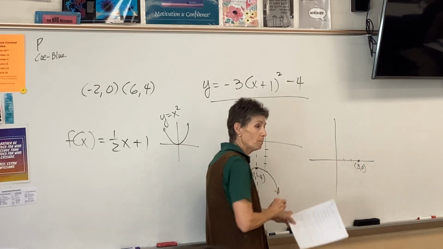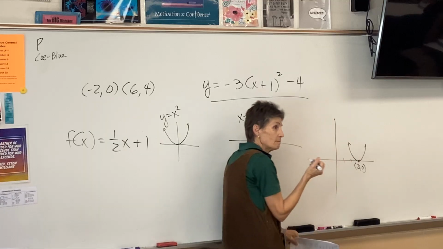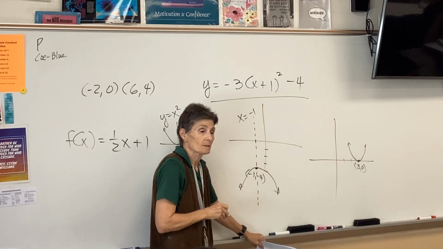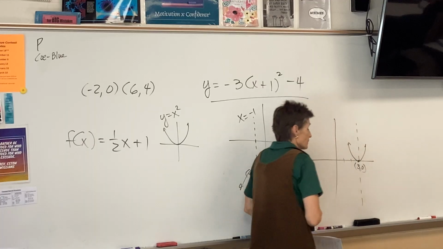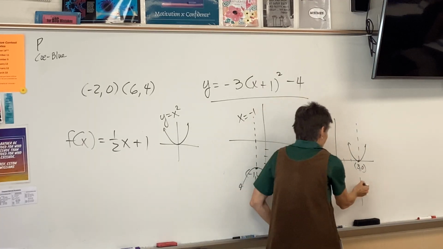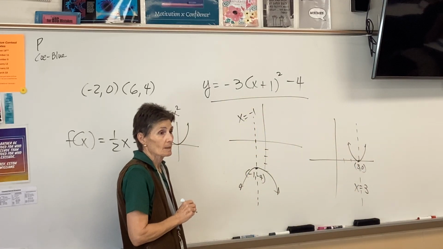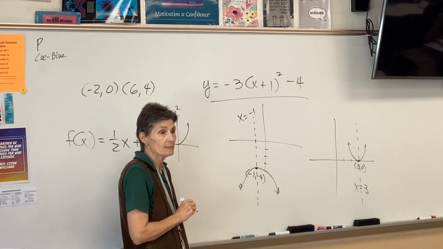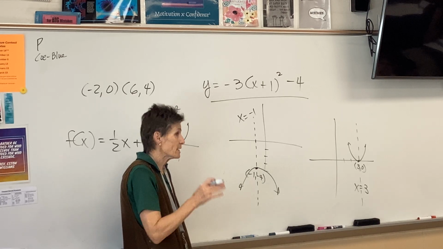And this one opens up, because there's no negative, right? What is our axis of symmetry? Don't say 3, you gotta say x equals 3. The axis of symmetry is a line, so it's an equation.